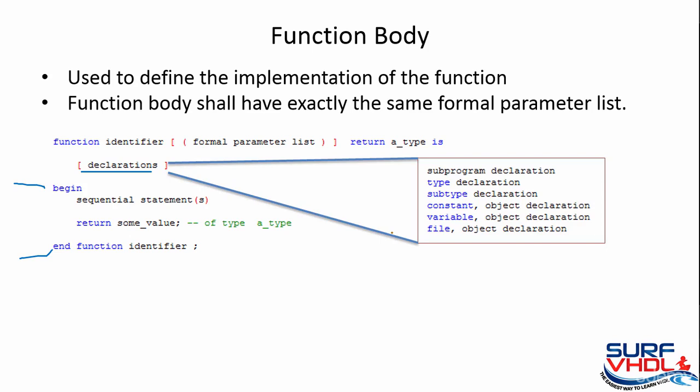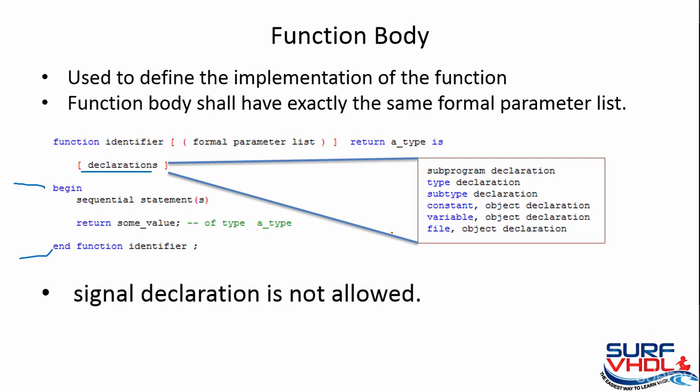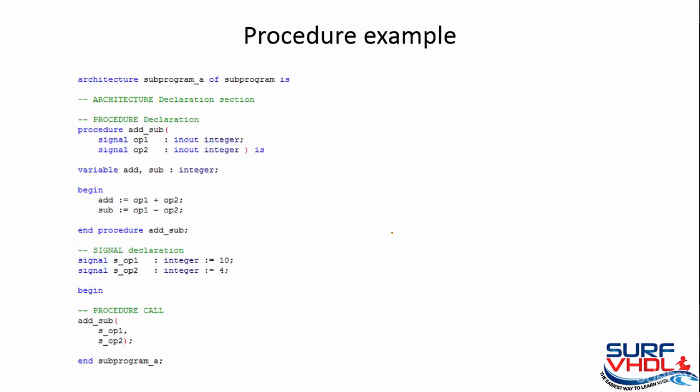The optional declaration section can contain subprogram declaration, types and subtypes declaration, constant, variable and file declaration. Declaration of signal is not allowed because function is a sequential statement and signal can be declared only in concurrent section.